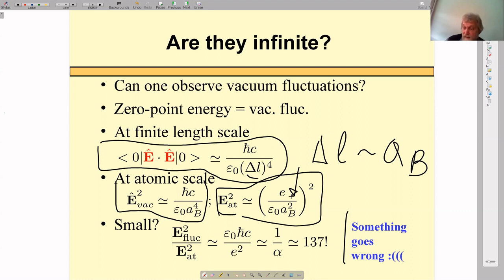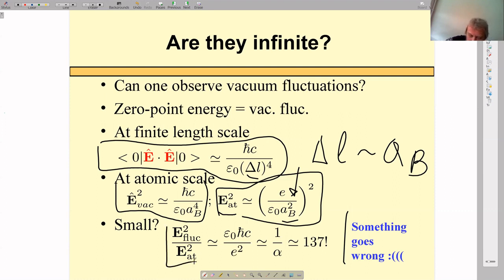So the electric field is the electric charge divided by r squared, r being the distance, which is the Bohr radius. That's how we get it. Now let us find the ratio between these two. Okay, we can do this algebra.